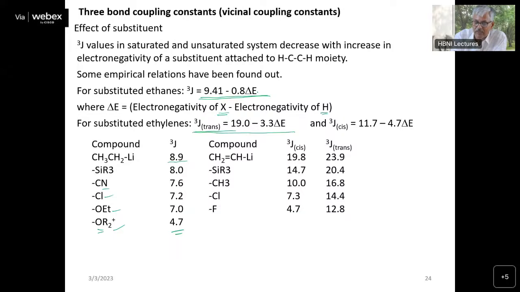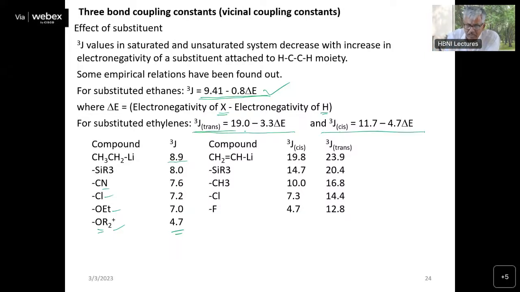So if you know the difference, you can calculate. Similarly, for substituted ethylene, for trans, it is 19.0 minus 3.3 delta E, and for cis, it is 11.7 minus 4.7 delta E. These are all empirically found out. People have analyzed many compounds, and these are the empirical relations.